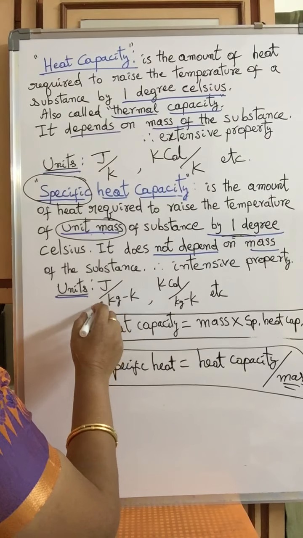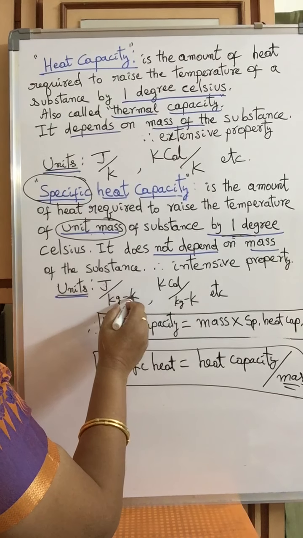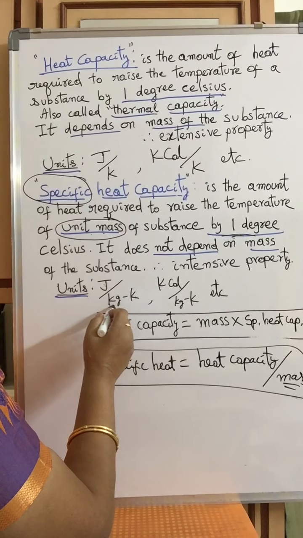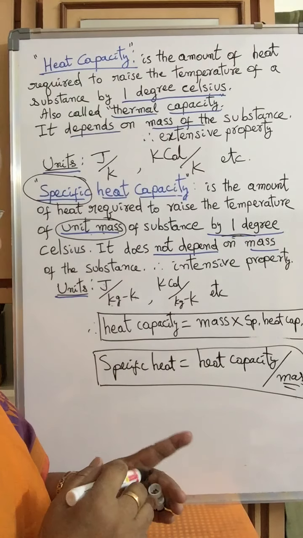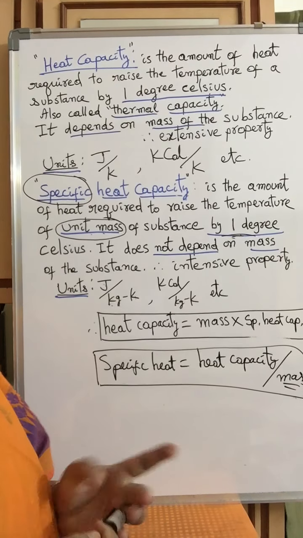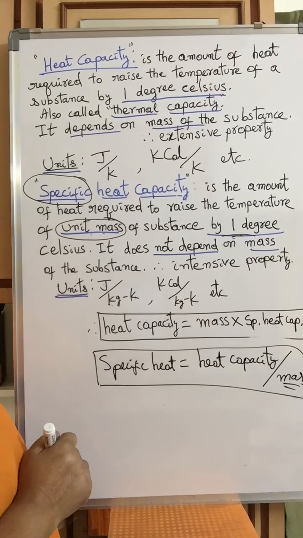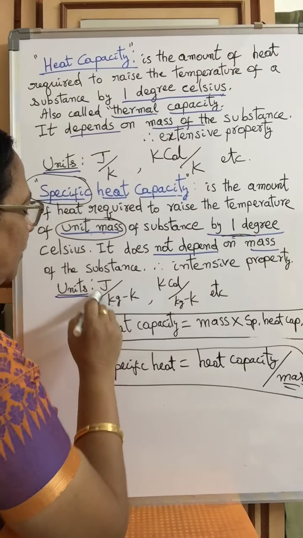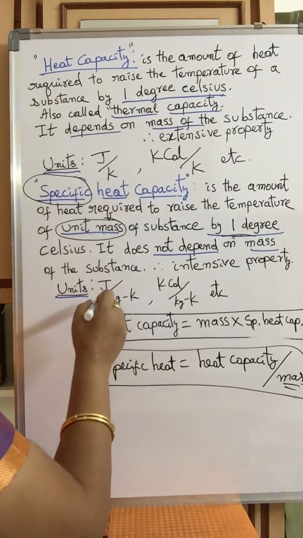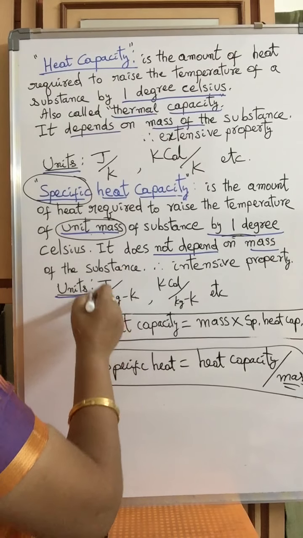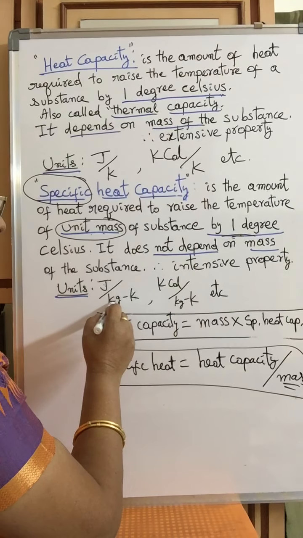That is why it is an intensive property. So what are the units? Joules per Kelvin per kg is heat capacity per unit mass. That means units are very advantageous to understand the concepts also. Very helpful here. See, from the unit you can write the complete definition. On just seeing the unit you can write this sentence. Okay. Joules per kg per Kelvin.